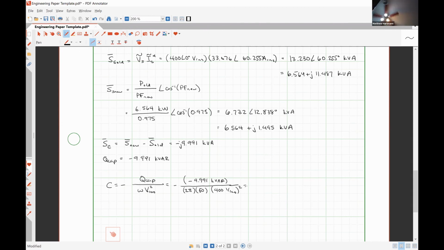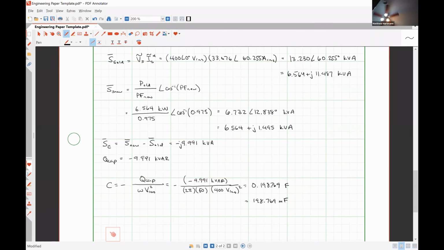And so from this we get 0.198769 farads, or 198.769 millifarads.